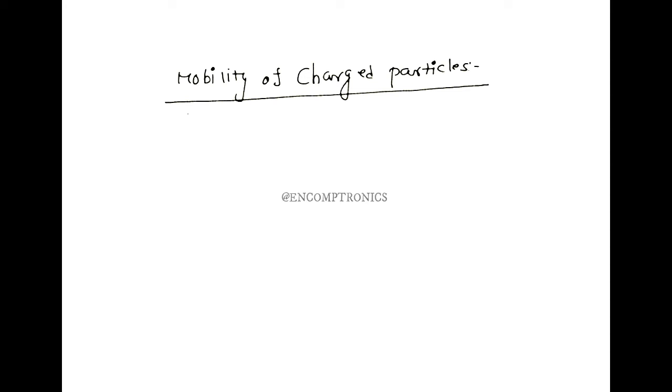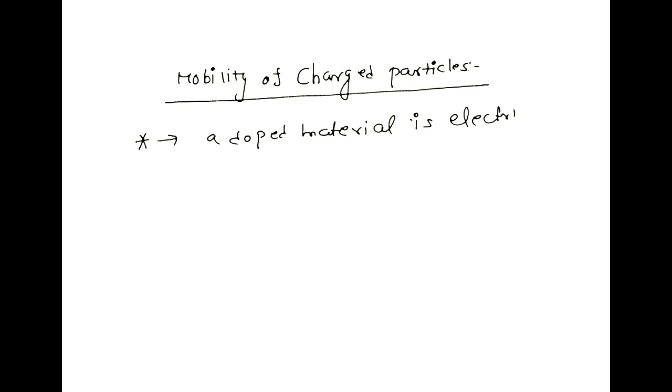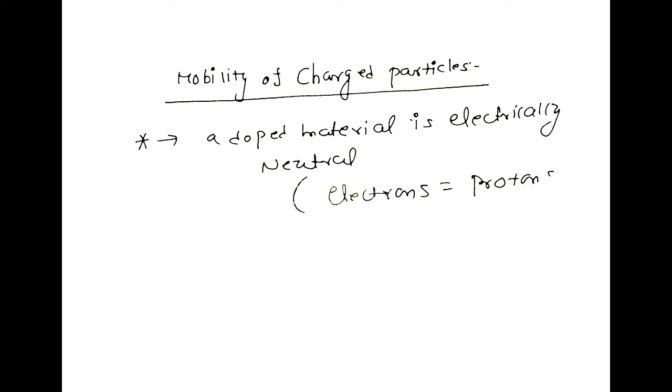We know that even a doped material is electrically neutral. This is because the number of electrons equals the number of protons, so however many electrons you are doping, that many protons exist.